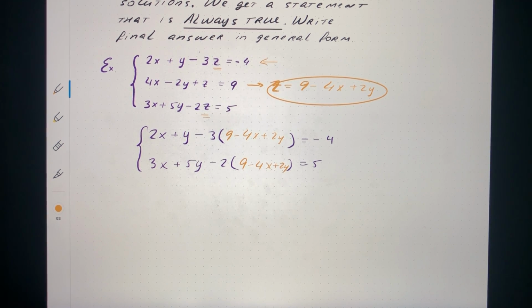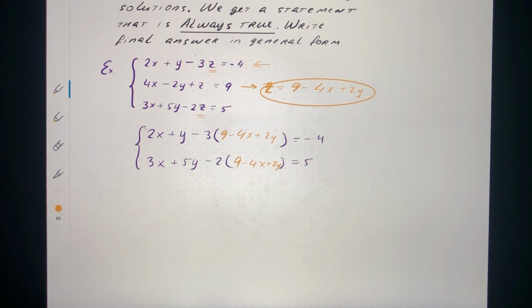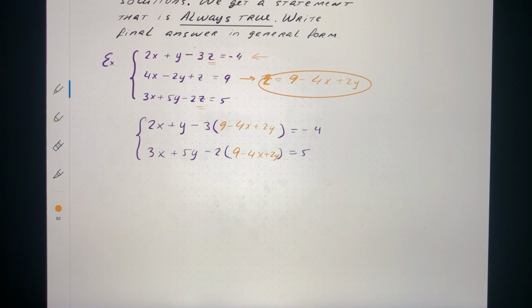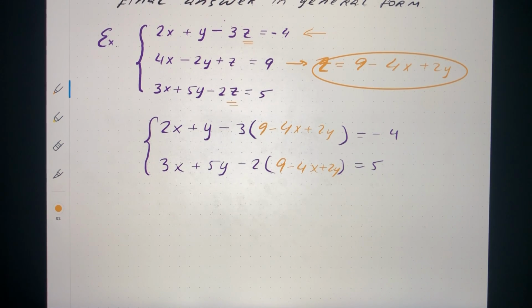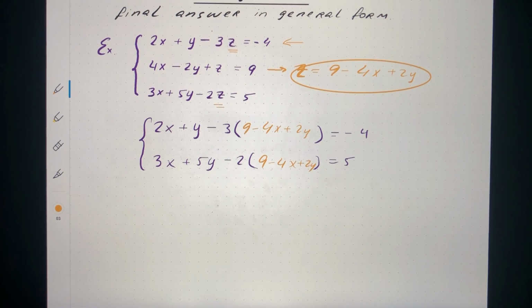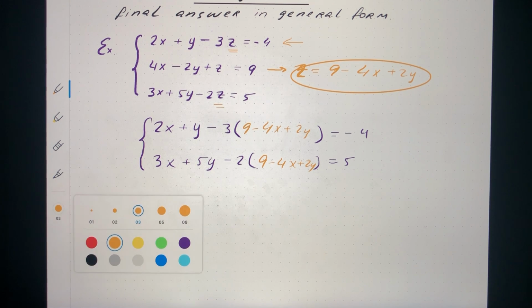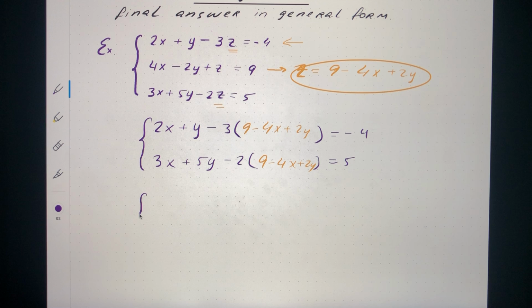Now we simplify, and we will have two equations with only two unknowns. And that is similar to the questions we have solved in a different video. So let's simplify. Now we distribute the negative 3, so we have 2x plus y minus 27.